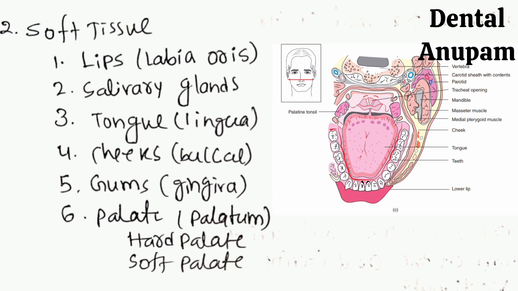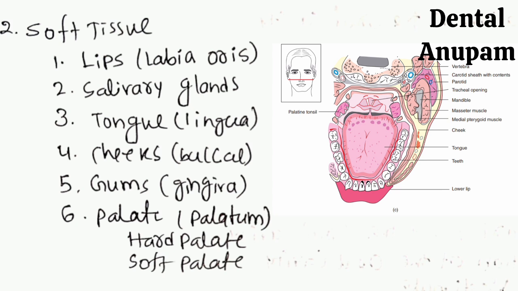It is firmly anchored to the floor of the mouth by a fold of mucous membrane called the lingual frenum. It is the primary organ that helps in perceiving taste sensation and is also important for speech, mastication, and deglutition of food.